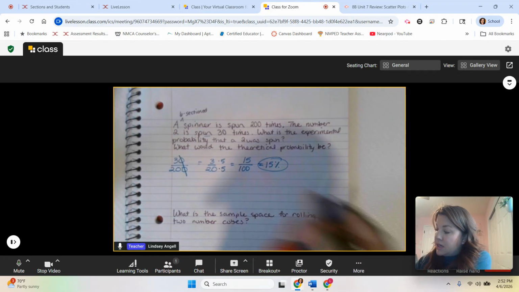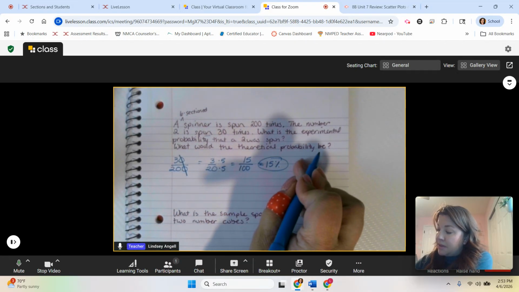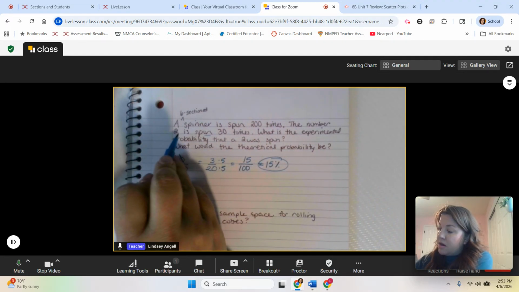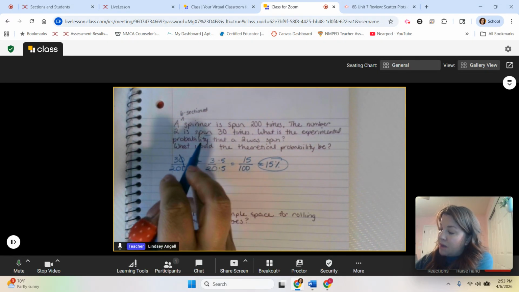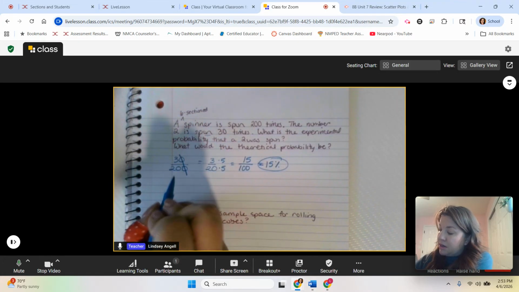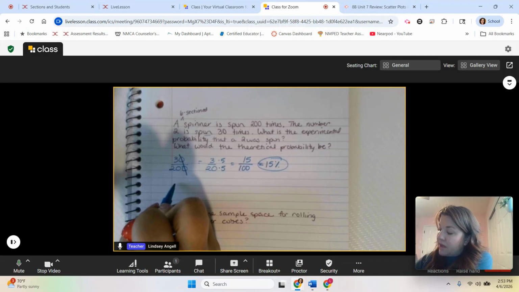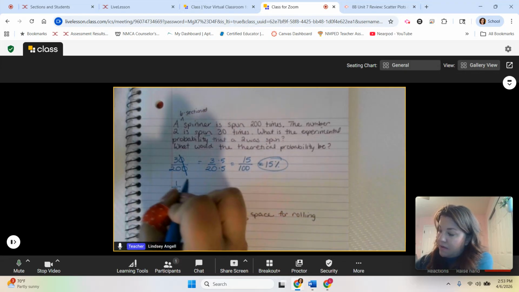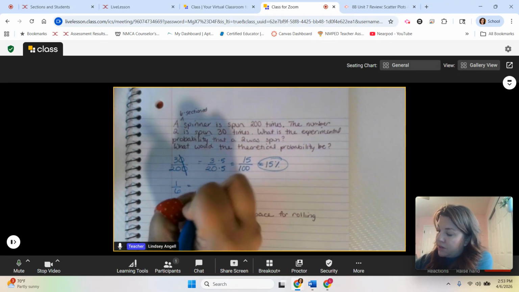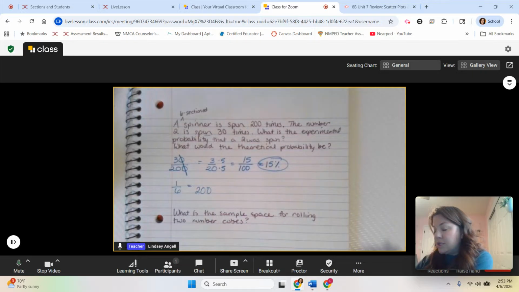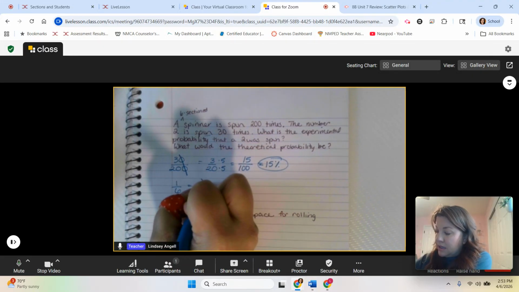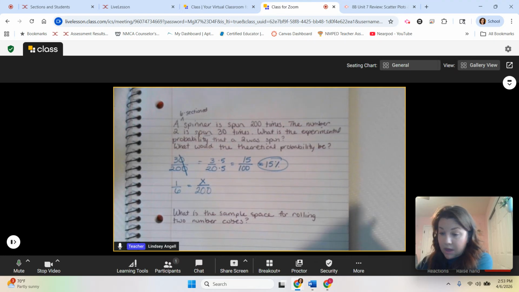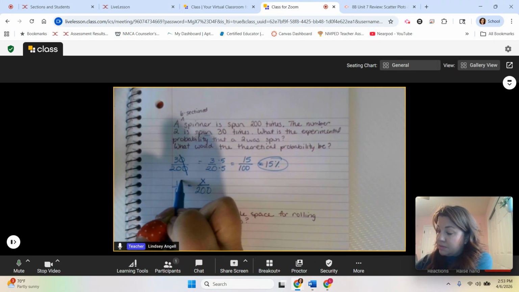Now it says, what would the theoretical probability be? If there are 6 options on a 6-sectioned spinner, and 2 is one of them, we would have a 1 out of 6 chance of getting a 2. But now we did 200 tries, so I can use a proportion and cross multiplication.